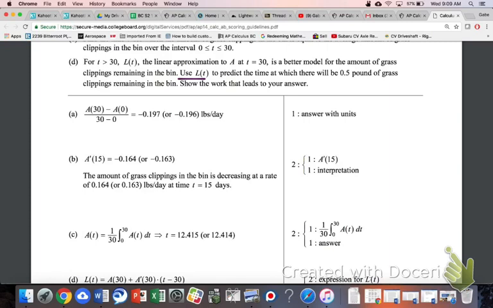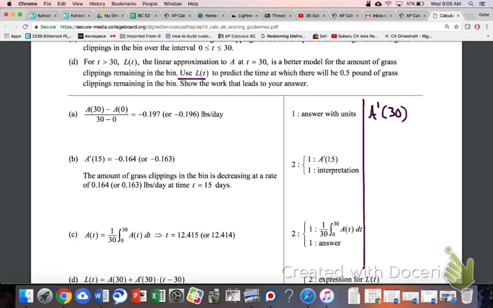So let's see here. I'll just try to squeeze this in off to the side here. So to find L of T, we need to have the slope of the tangent line first. So the slope of the tangent line to A at 30. Does this make sense, Alexander? So you got to find the slope of the tangent line of A at 30.